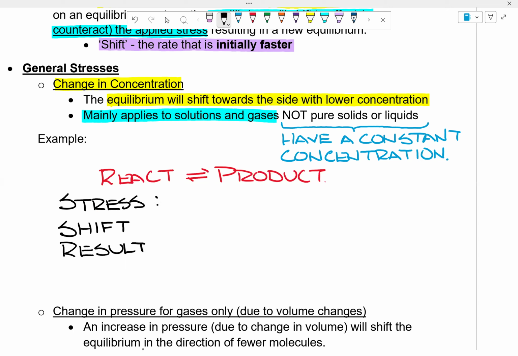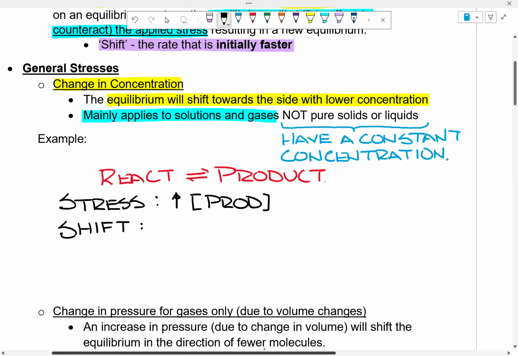Now, let's say I increase my concentration of product. Now, that is my stress. Okay, I've changed something. I've increased my product. What will be the shift? Now, let me just move this down here a bit. Okay, what is the shift?